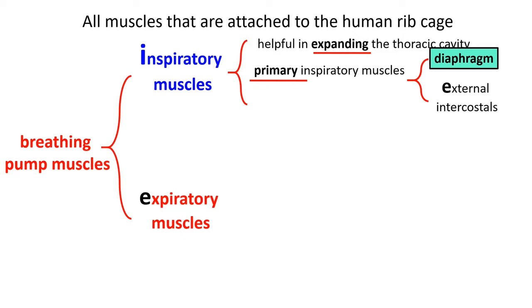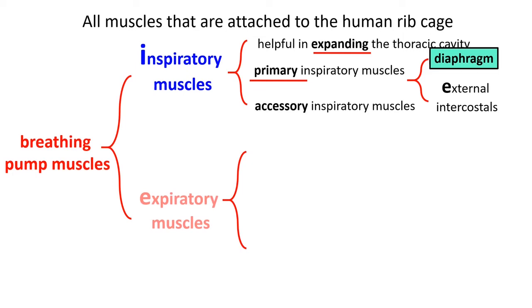It is between ribs, and the space between ribs is called the intercostal space. And there are muscles that help the inspiratory muscles, and these are called accessory inspiratory muscles.